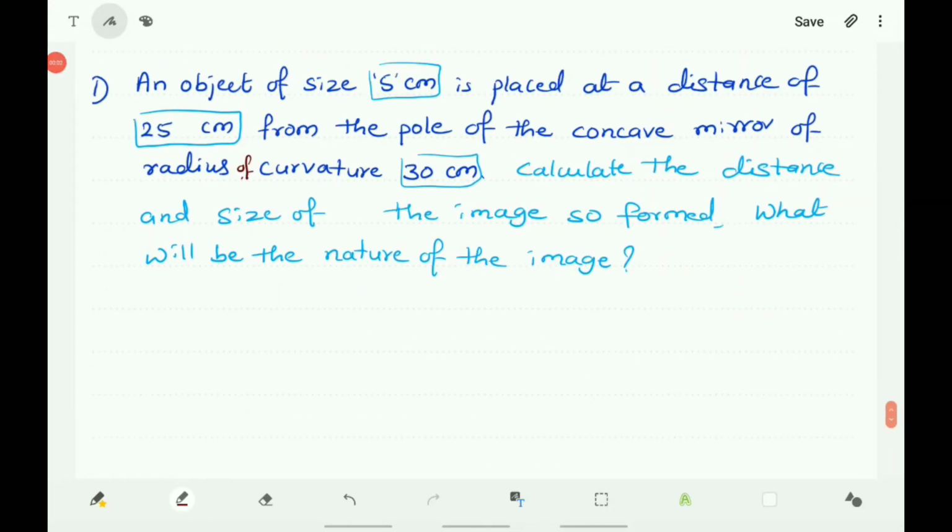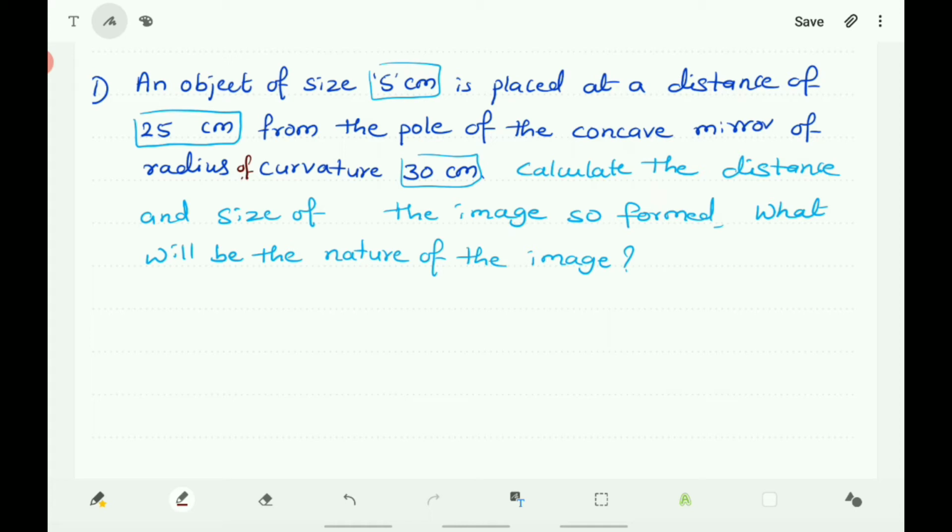Take the first question. An object of size 5 cm is placed at a distance of 25 cm from the pole of a concave mirror of radius of curvature 30 cm. Calculate the distance and size of the image so formed. What will be the nature of the image?